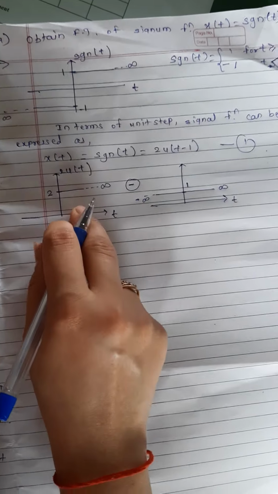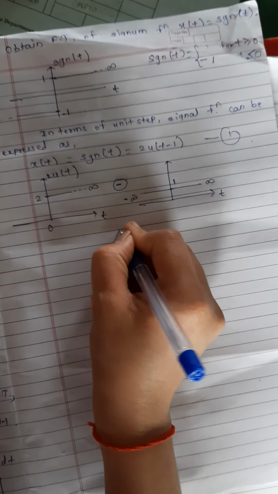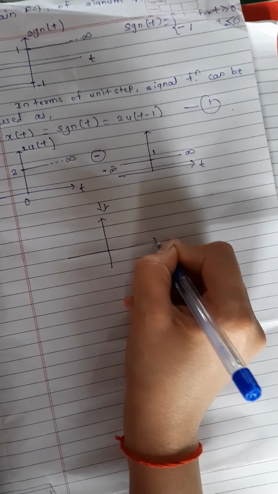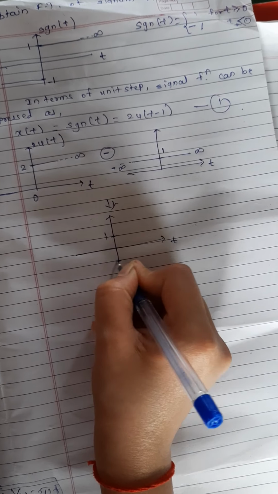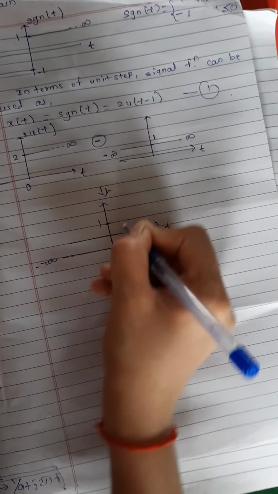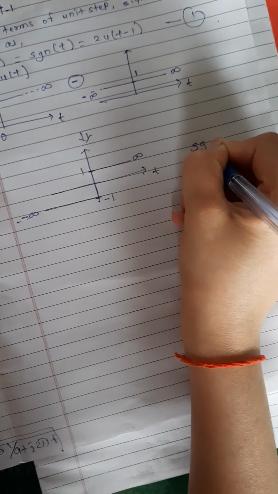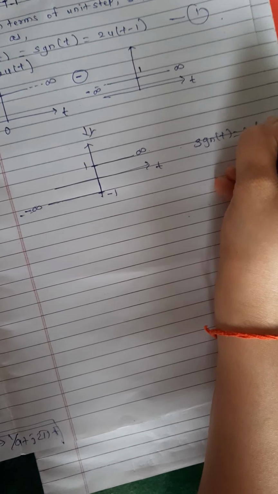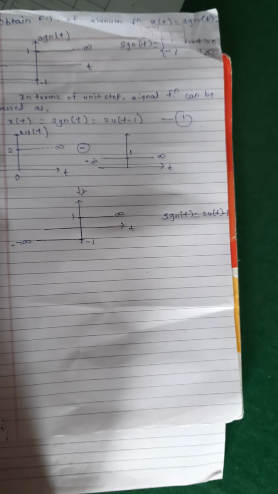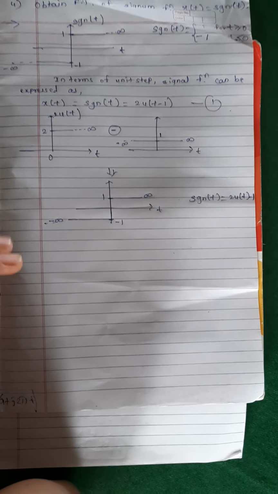So this equation minus this equation, and the answer for this is from minus infinity to plus infinity. So this function is sgn of t equal to 2u of t minus 1. We have drawn the diagram for this.